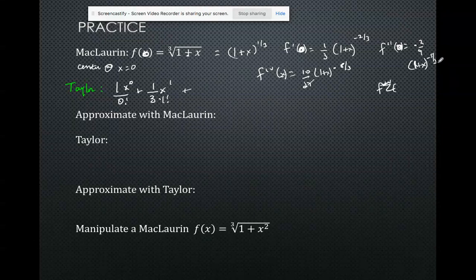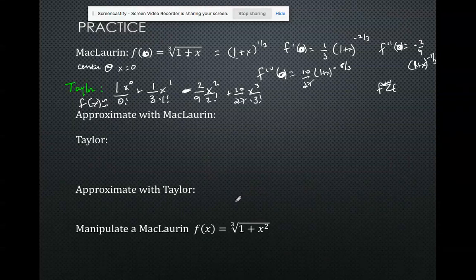Negative 2/9 times 1 to the whatever power is still 1. So that's negative 2 over 9 x squared over 2 factorial. Plug in 0 to the third derivative. 10 over 27 x cubed over 3 factorial. So there is the first 4 terms of the Taylor approximation for f of x.